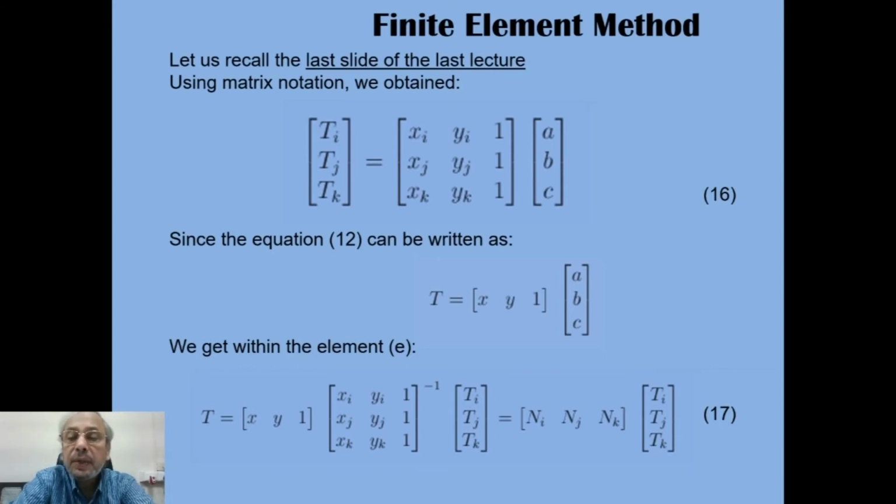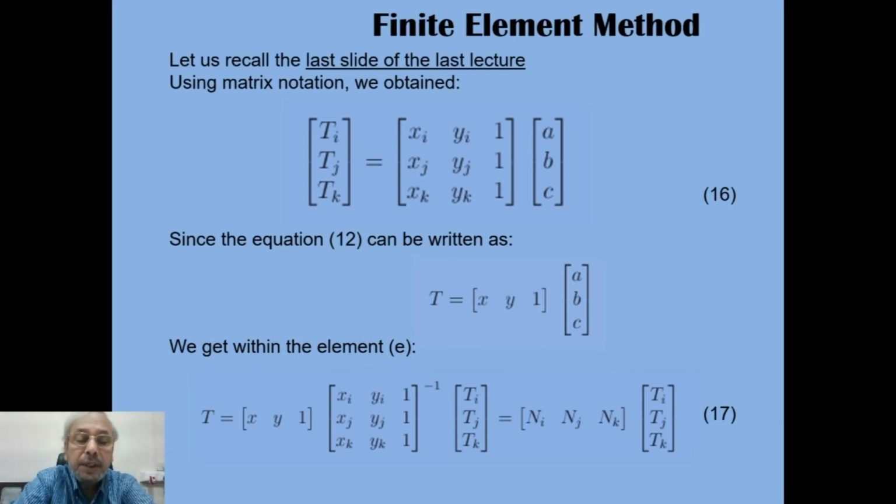Now this column vector, from equation 16, we can easily see that this is basically the inverse of a matrix xi, yi, 1, xj, yj, 1, xk, yk, 1. This matrix inverse is multiplied by the Tijk column matrix.